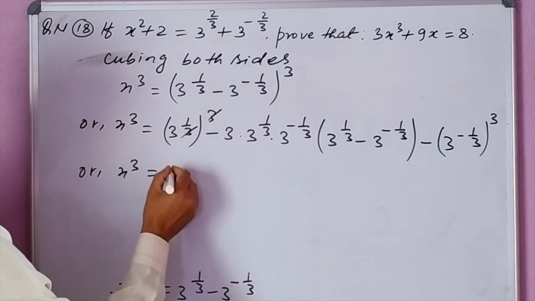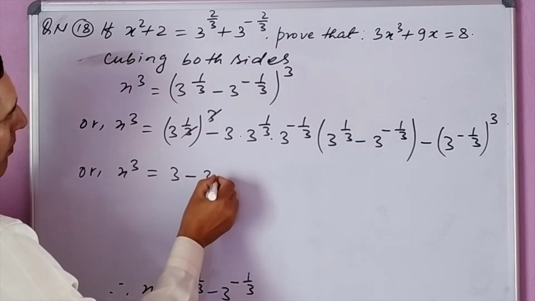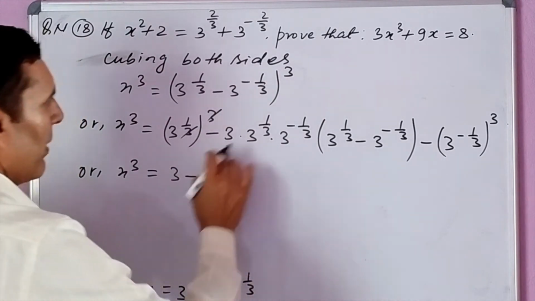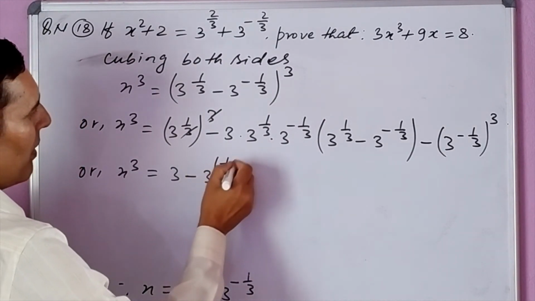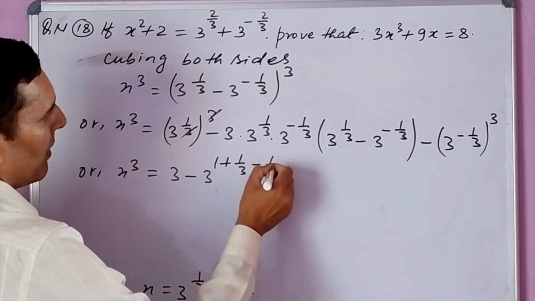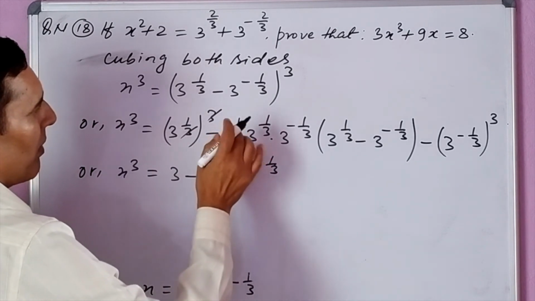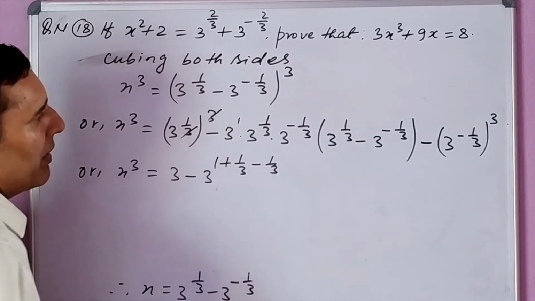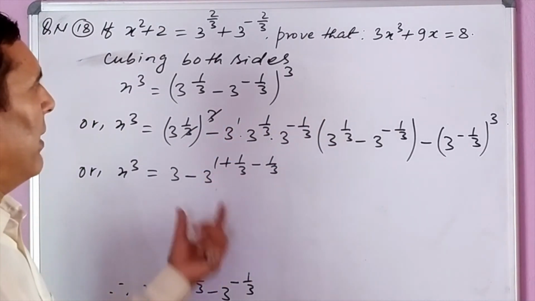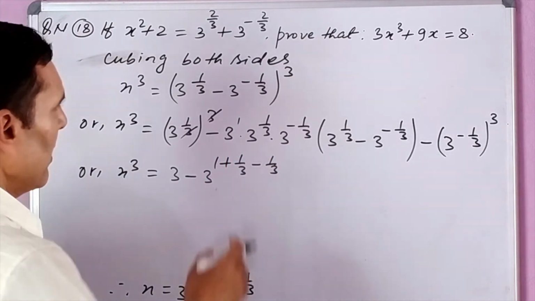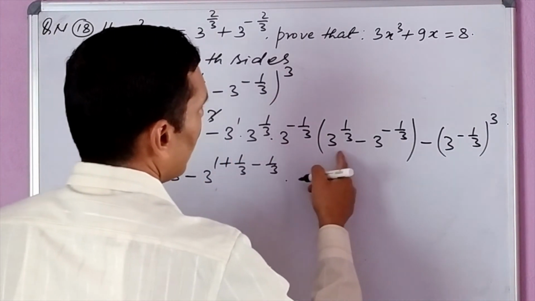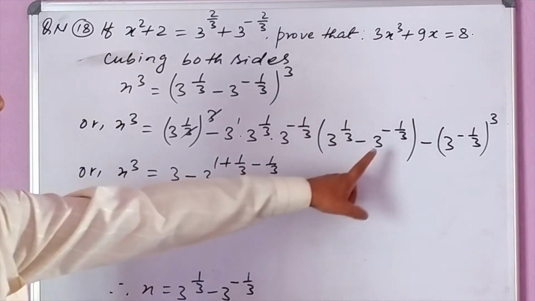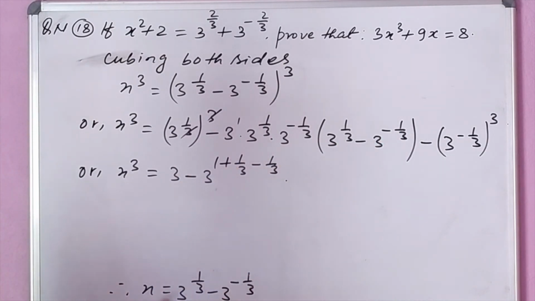Here the 3 cancels, 3 minus 3 to the power, we can add the powers together, 1 plus 1 by 3 minus 1 by 3, 3 to the power 1, 3 to the power 1 by 3, 3 to the power minus 1 by 3, all are added together on the same base in multiplication form. Now look at this, 3 to the power 1 by 3 minus 3 to the power minus 1 by 3 is x.